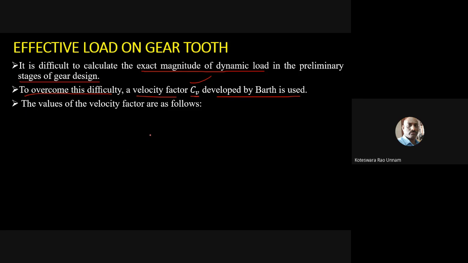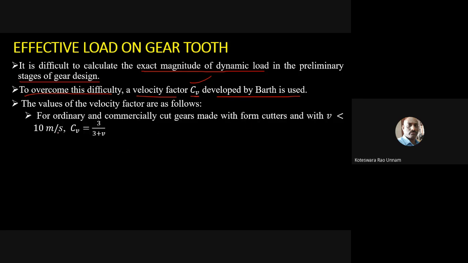This velocity factor depends upon the pitch line velocity of the gear. For ordinary and commercially cut gears made with form cutters and having V up to 10 meters per second, where V is the pitch line velocity, if V is less than 10 meters per second, then CV can be taken as 3 divided by 3 plus V, where V is the pitch line velocity.